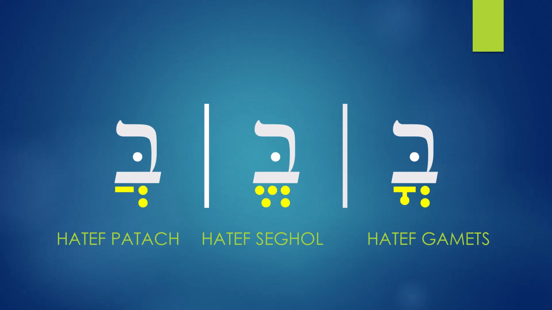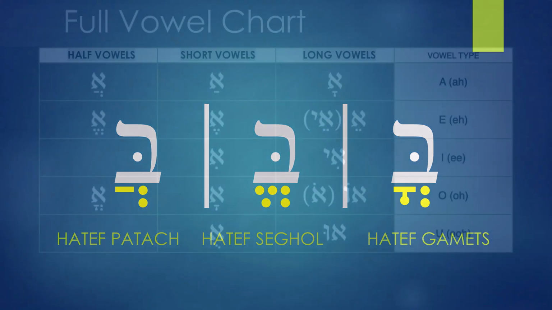So this is going to be "bo." And hatef sego is going to be pronounced with a short E sound, "be." And hatef patach is going to be pronounced with a short A sound, "ba." And that's how you pronounce the three compound vowels.